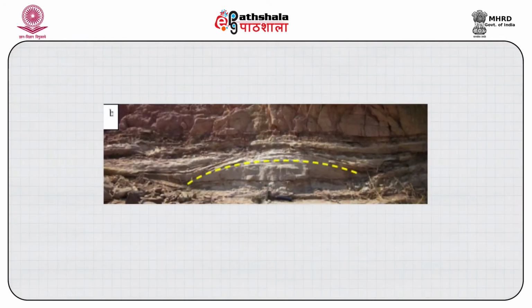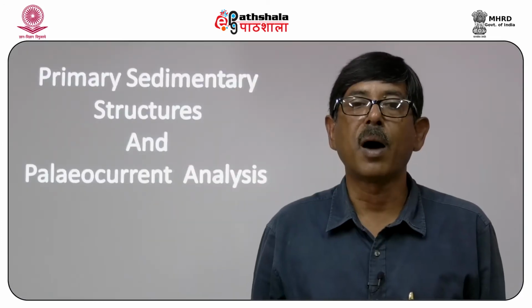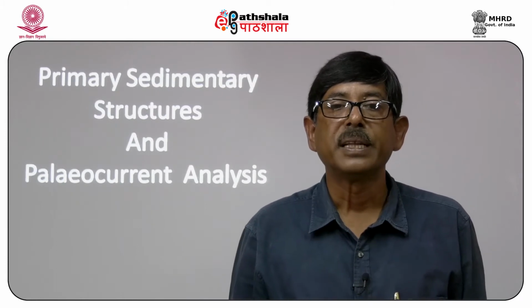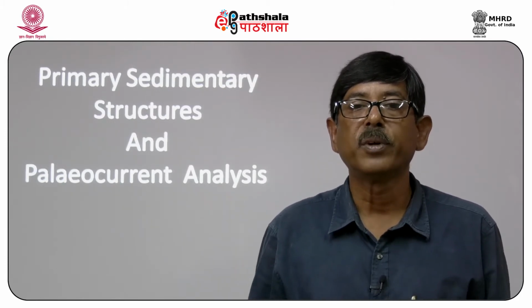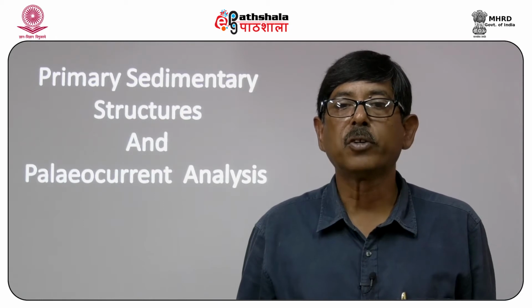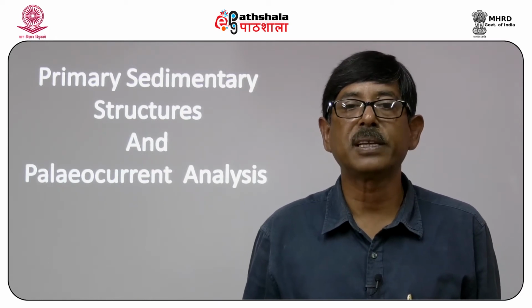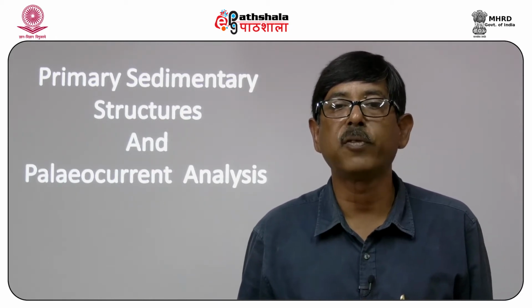Now, you see the photograph here, some special type of bed form. Here you will see some hummocks and swales. These are undulating bed forms which are thought to be formed by wave generated oscillatory flows or combined flows.